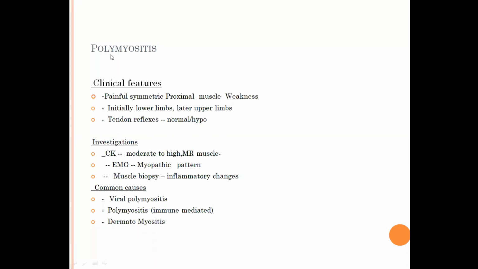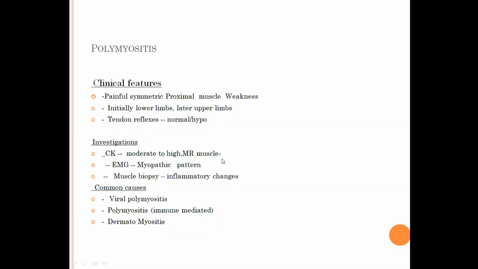Now, what are the investigations of any muscle disease? Inflammatory muscle disease or a degenerative muscle disease like dystrophies, which I'll come to. The creatine kinase, which is intracellular, is liberated because of inflammation and increased permeability of the cell wall, or because of the destruction of the cell. The creatine kinase is increased moderate to high in all these patients of muscle disease.